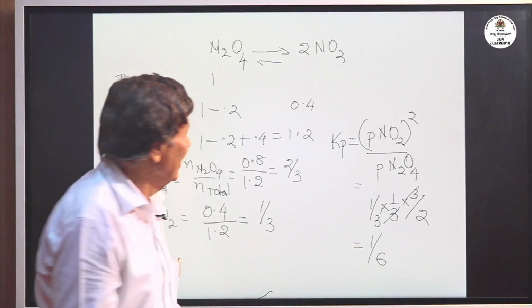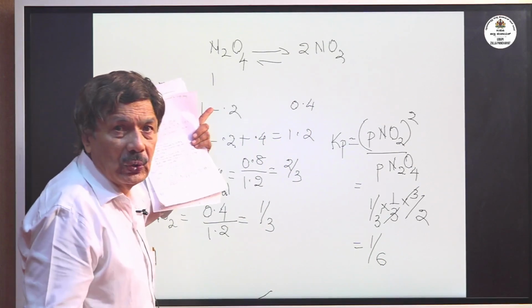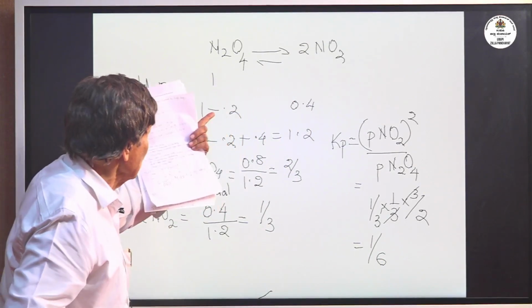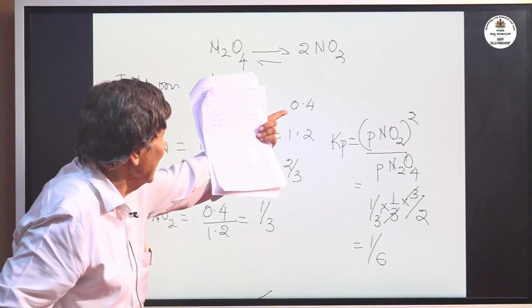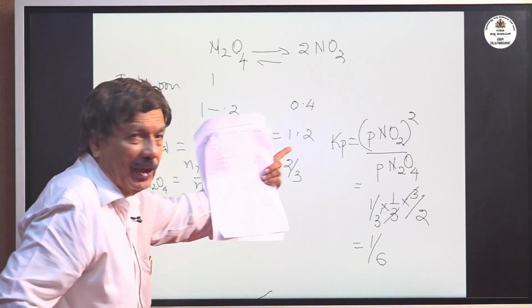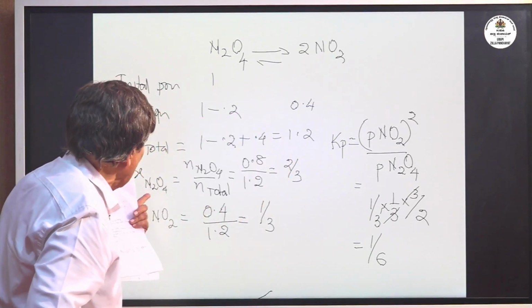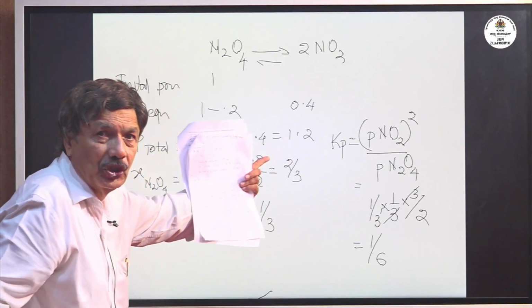Let me tell you what we did. Initial pressure is 1. They are telling that the degree of dissociation is 0.2, so 0.2 goes, and this 0.2 appears in the form of NO2, double of that, 0.4. Now total number of moles is 1.2. Mole fraction of N2O4 is number of moles of N2O4 divided by total number of moles, 2 by 3.